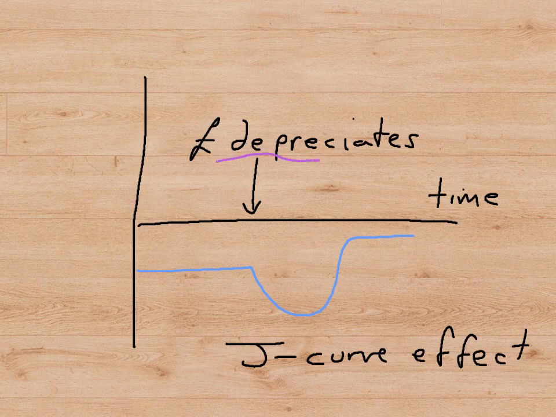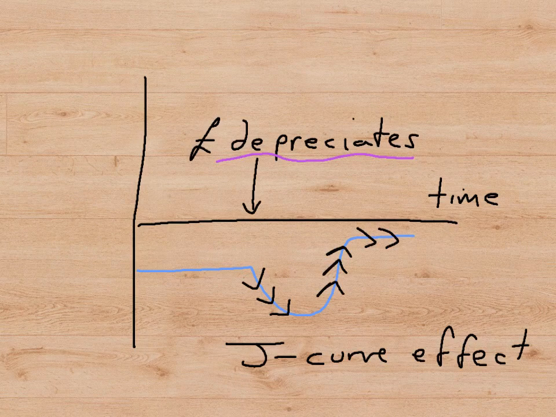So following a depreciation of the UK pound, what we might see is that because the UK sells the same volume of exports initially to the Eurozone, but at a lower price, the balance of trade of the UK first of all falls, which is the opposite to what we would expect following a pound depreciation, and only slowly does it start to increase before stabilizing at a higher level than it was before.